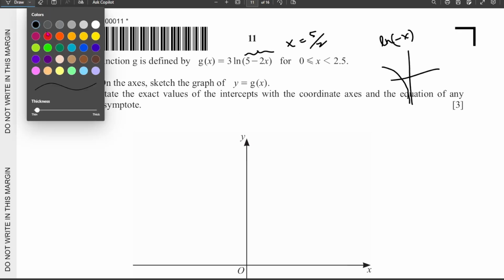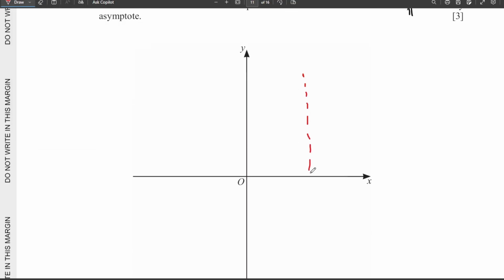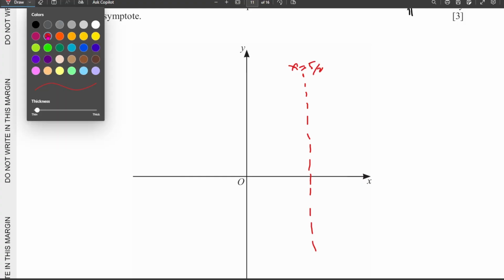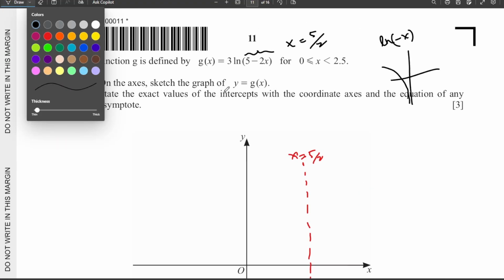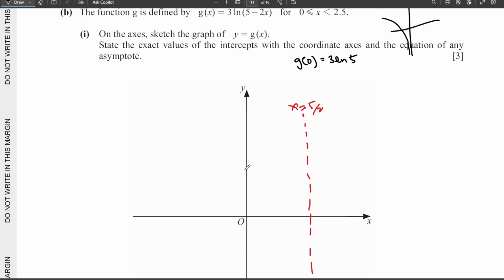So first, let's draw the asymptote, x equals 5/2. And now we draw, and then also the domain. Okay, start from 0. So we restrict from 0. So let's evaluate at 0, what's the y value. At g(0), it will just be 3 ln 5.